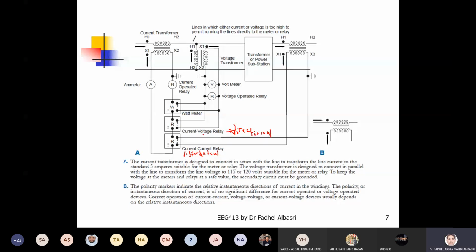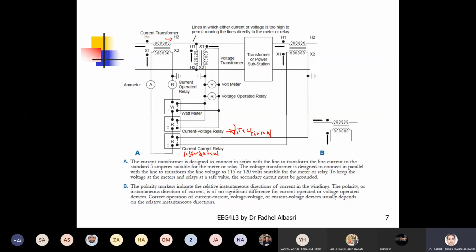There are so many relays that require voltage and current for protection applications. We also have wattmeters. Wattmeters require the current and the voltage, so that I can measure the power flow, active and reactive power, at the primary side of the transformers.